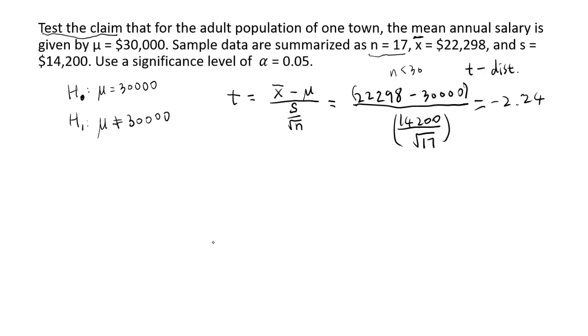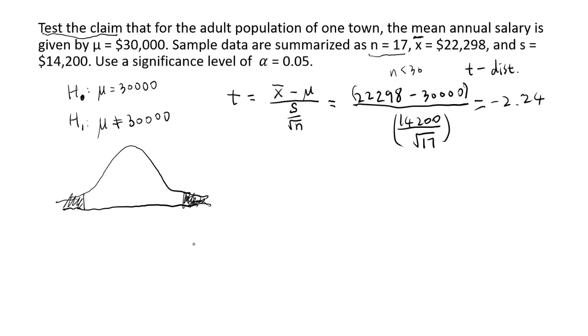So what do we do with this? We have to calculate the p-value to see if it's less than the significance level or not. If it's less than the significance level, then you can reject the null hypothesis. If not, you cannot reject it. Because this is a two-tailed test, the rejection region has shading in both directions.